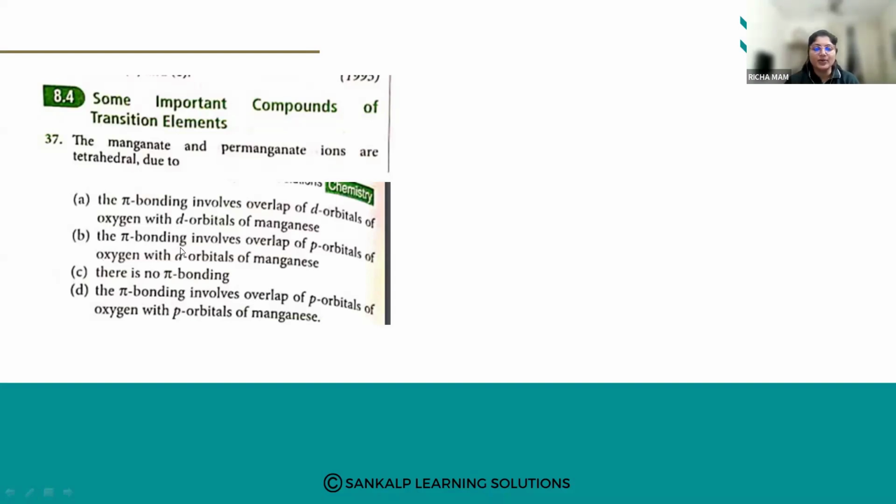B, the pi bonding involves overlap of p orbitals of oxygen with d orbitals of manganese. C, there is no pi bonding. D, the pi bonding involves overlap of p orbitals of oxygen with p orbitals of manganese.